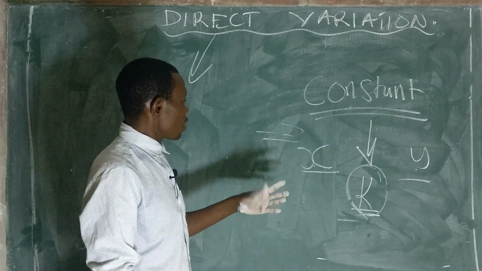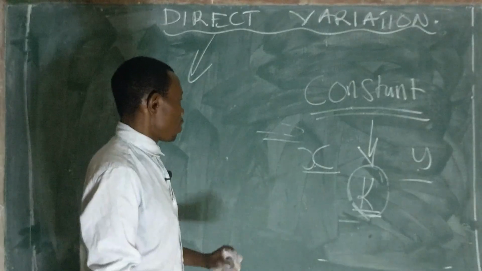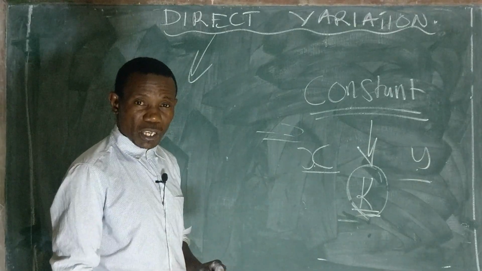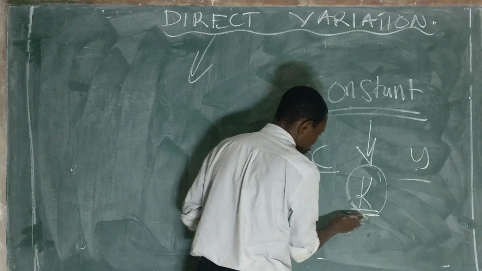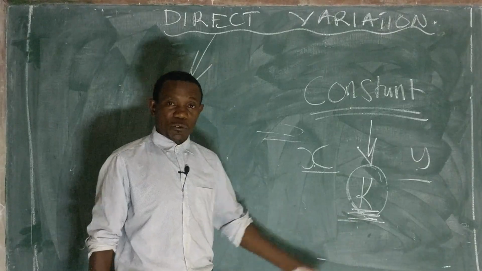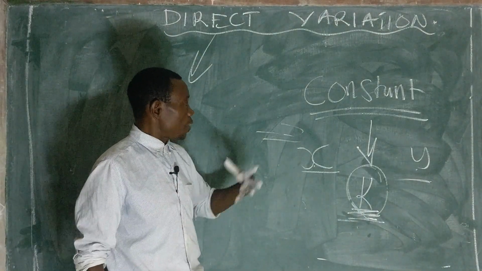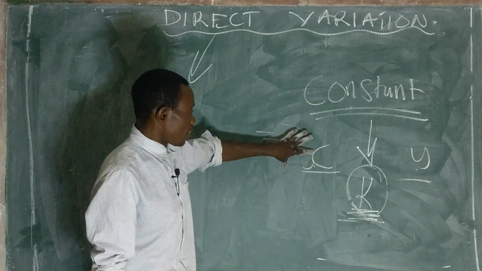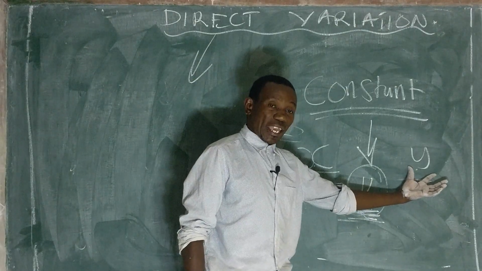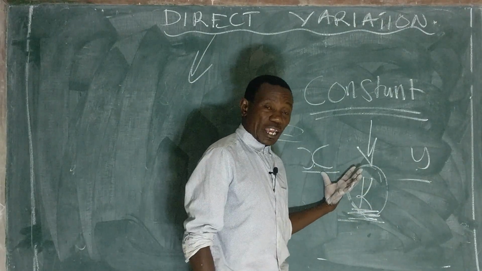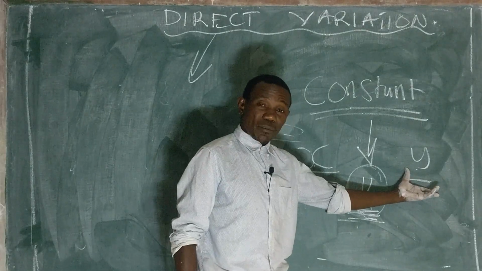This will be on every time we are discussing any type of variation. We always have to consider the constant. We first of all have to find out what the constant is that is controlling X and Y, any two variables representing other quantities.